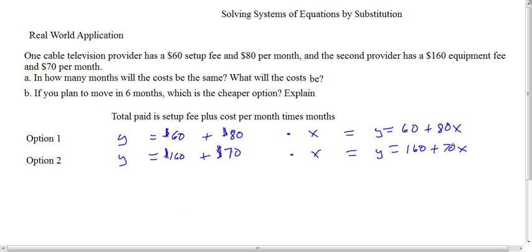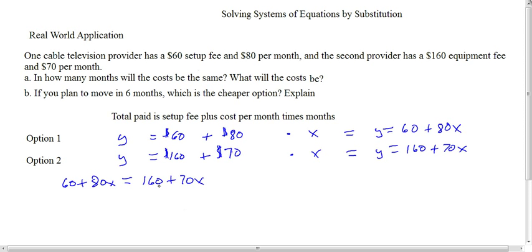We said Y is 60 plus 80x. That's what Y said, so we're going to use it and say 60 plus 80x is equal to 160 plus 70x. Same thing as what we've done, just using the substitution method here.